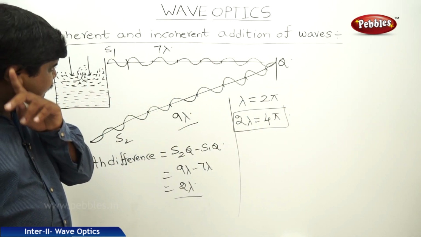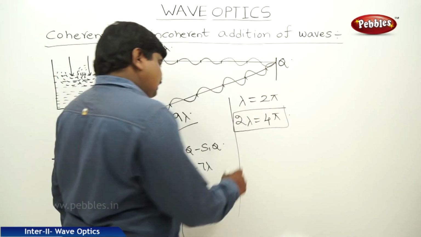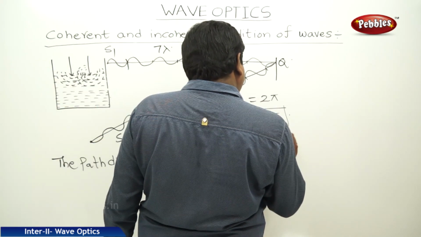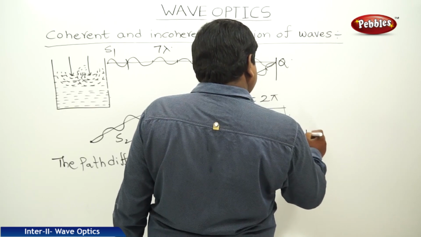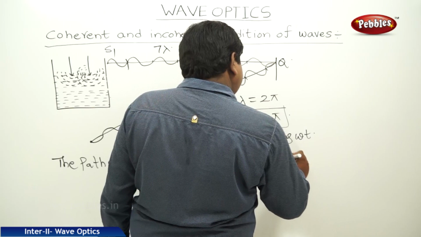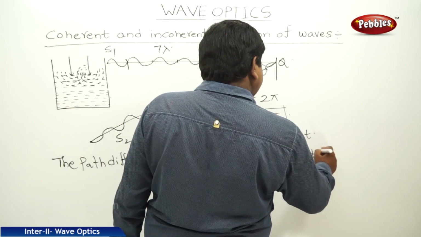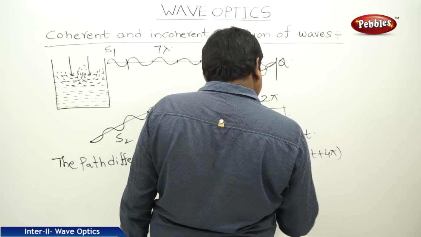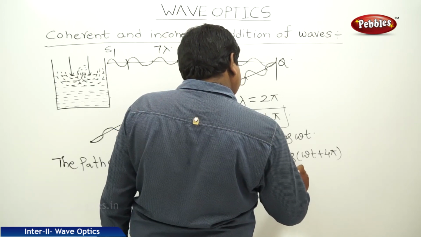For source 1, y1 is equal to a cos omega t, and y2 is equal to a cos(omega t plus 4 pi), which is nothing but a cos omega t.